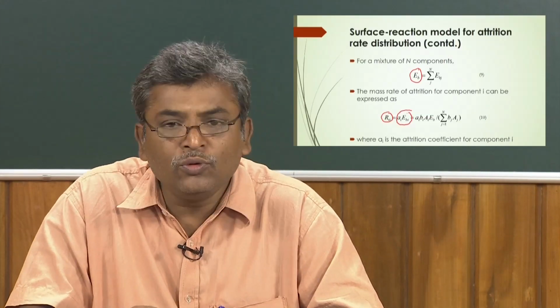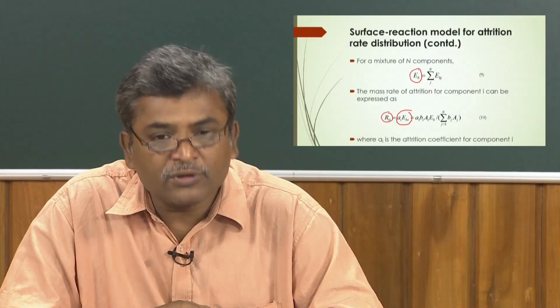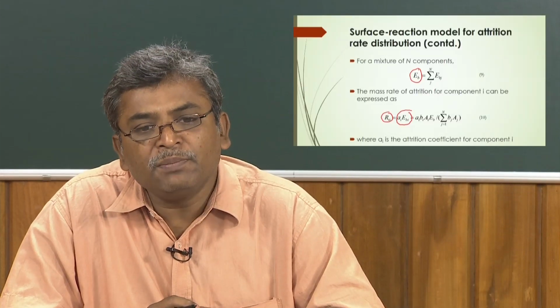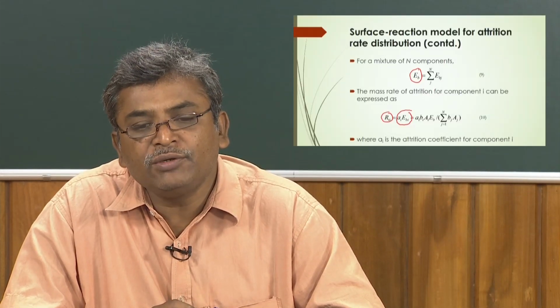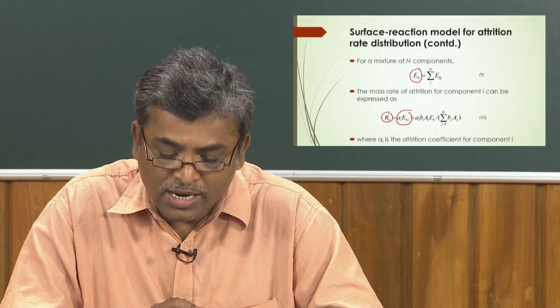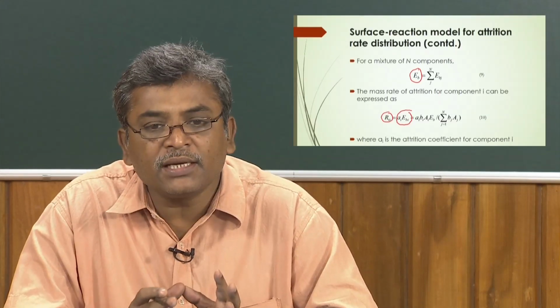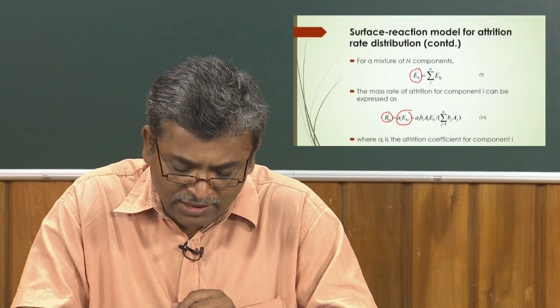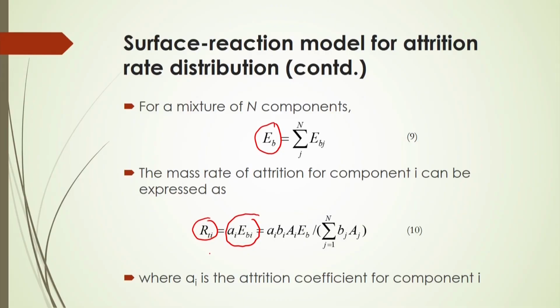So, once you know the E B I for their surface creation, that means the breaking energy required for the individual particles, and if you sum up for the whole mixture, then you will get the total effective breaking energy there, and then the mass rate of attrition for that component I can be represented by this. By substitution of this, you can directly get the total energy required for the effective breaking of that material.